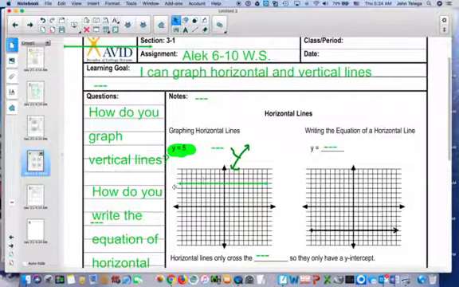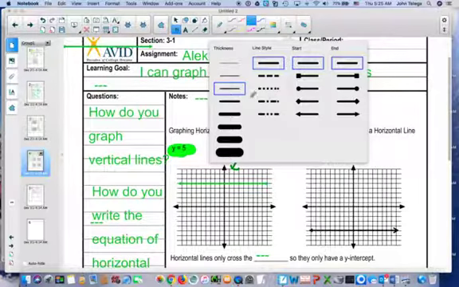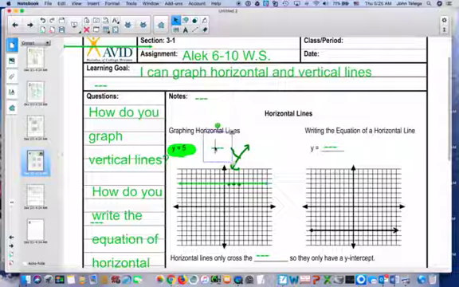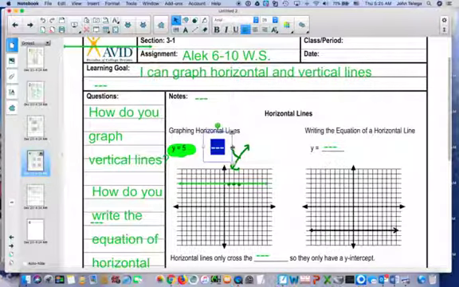And I can draw a horizontal line there so that all of these points along here are going to have the same y. If we were to look at the coordinate pairs for those, they would all be like 1 and 5.